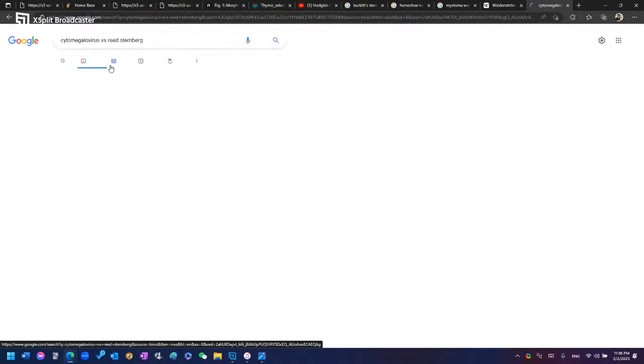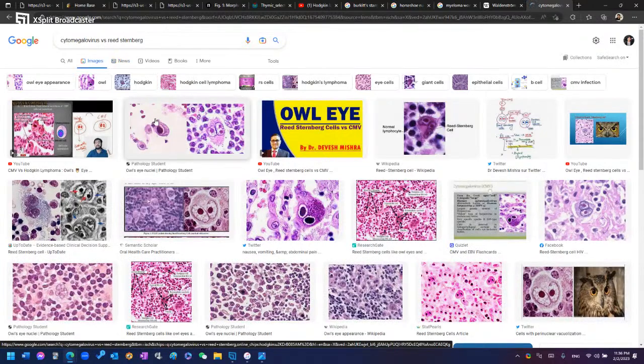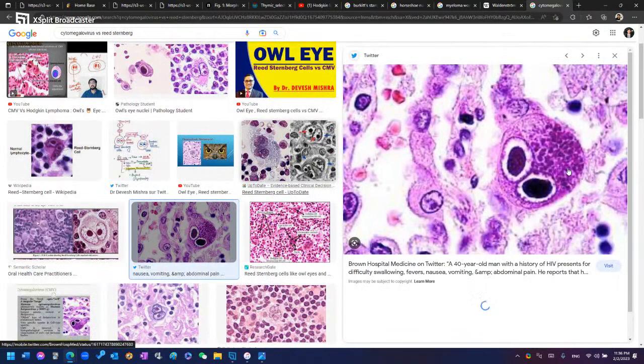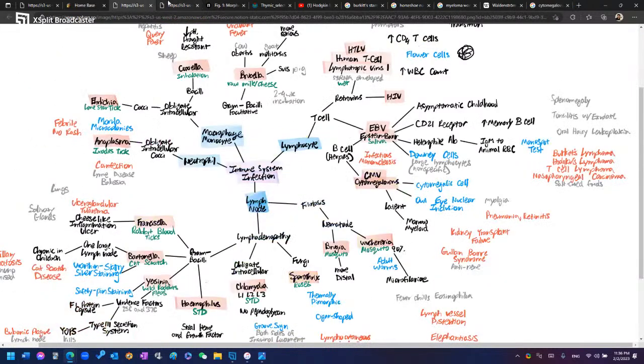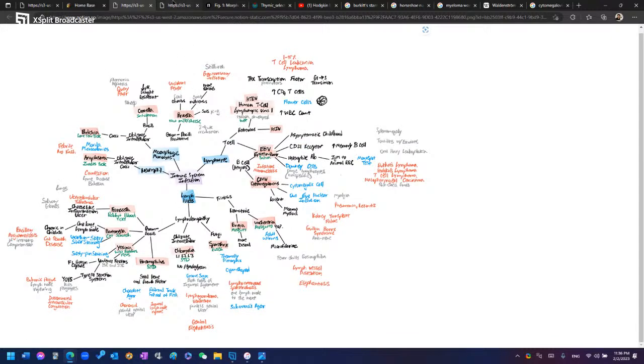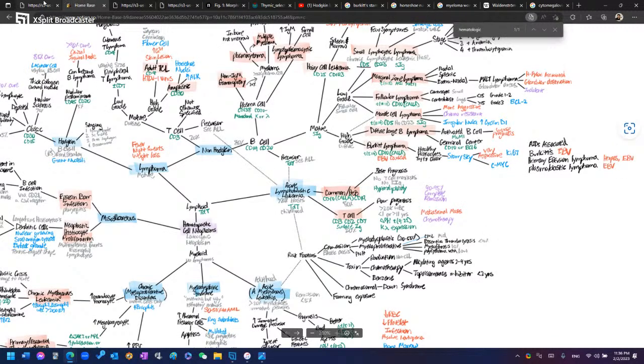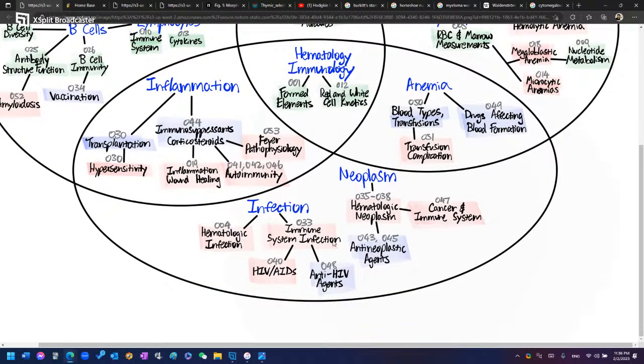But I guess CMVs are usually bigger. And I guess they look more like that. The nucleolus is even bigger than Reed-Sternberg. But they both have that sort of thing going on. That's a lot. Okay. Whew, baby, that's a lot.